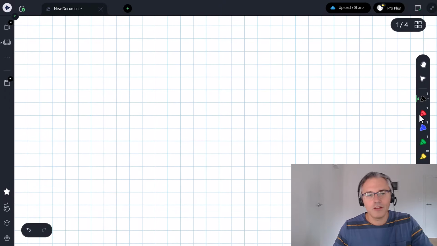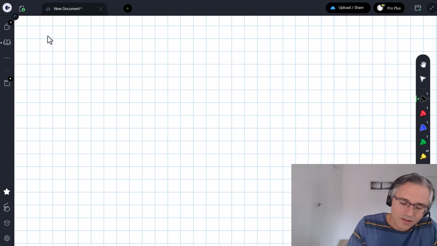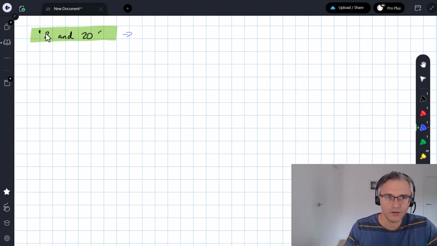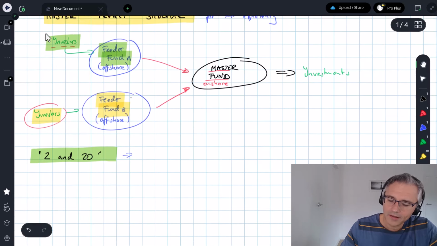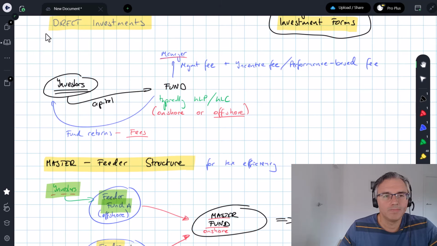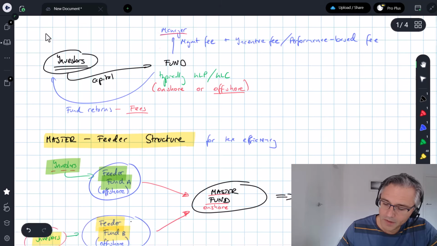Now, another term I want you to be absolutely cognizant of is something known as the 2 and 20, which is an often cited phrase. It refers to the fee structure. I said before that those who run the fund will be receiving two types of fees, a management fee and an incentive or performance-based fee.